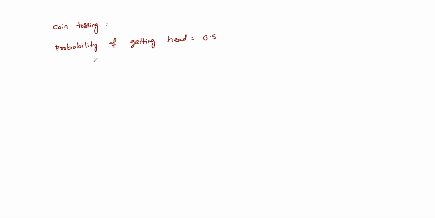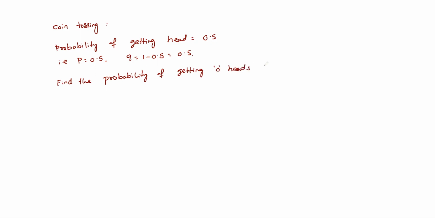That is p equal to 0.5. Obviously, q equal to 1 minus 0.5, that is also 0.5. Now the question is, find the probability of getting 0 heads out of 4 coin tosses.